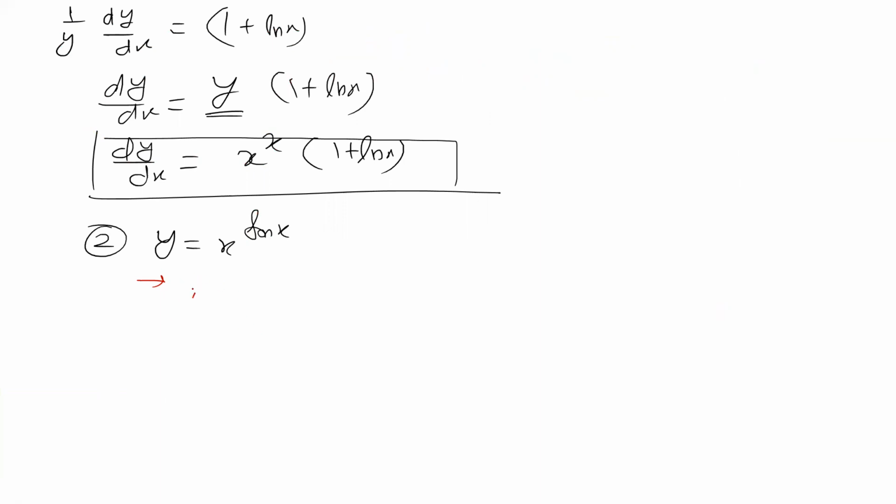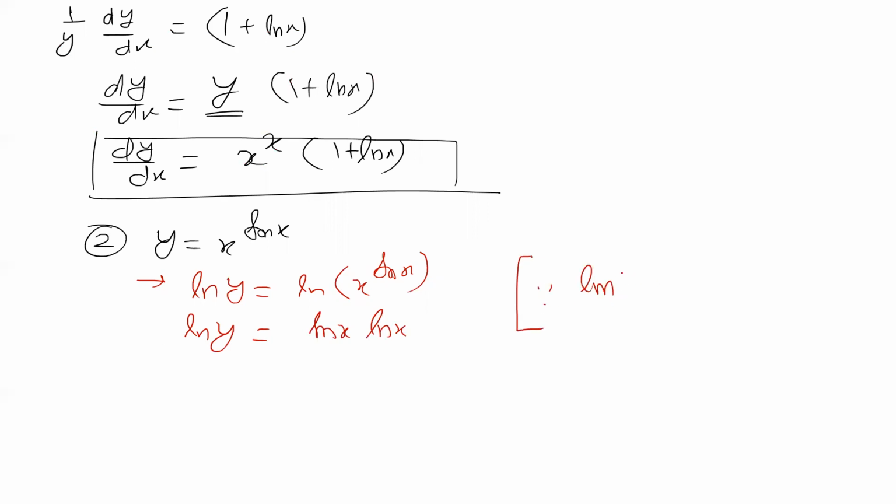So ln y is equal to ln x^(sin x). Then you can also write ln x^(sin x) as sin x ln x, just taking the power outside. This is the rule we are using here: ln a^b can also be written this way.